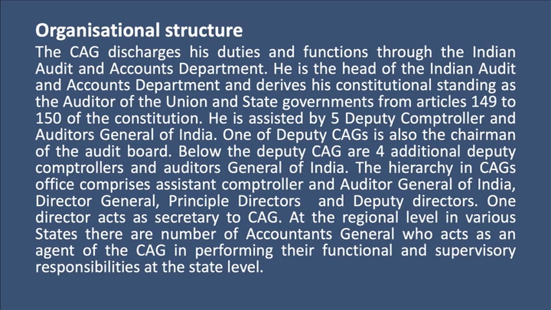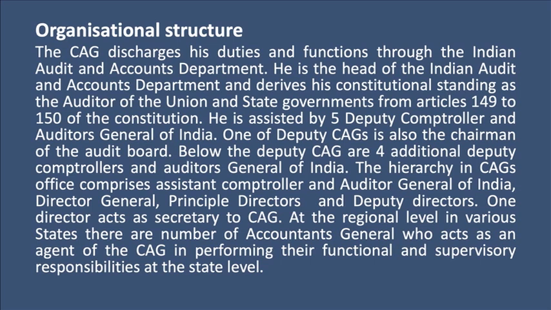One of the Deputy CAGs is also the Chairman of the Audit Board. Below the Deputy CAG are 4 additional Deputy Comptrollers and Auditors General of India. The hierarchy in CAG's office comprises Assistant Comptroller and Auditor General of India, Director General, Principal Directors and Deputy Directors. One director acts as secretary to CAG.